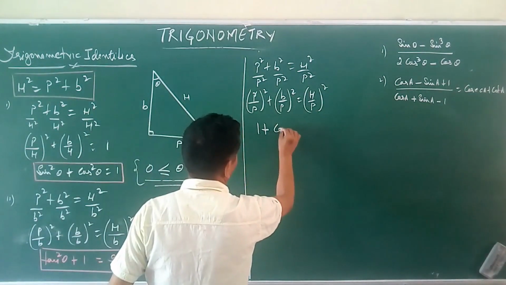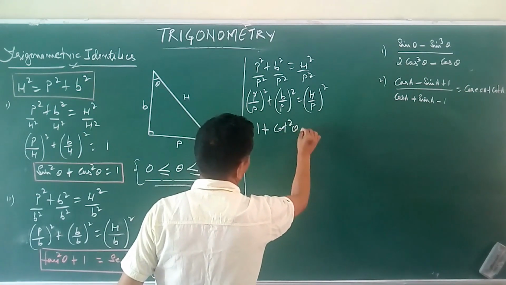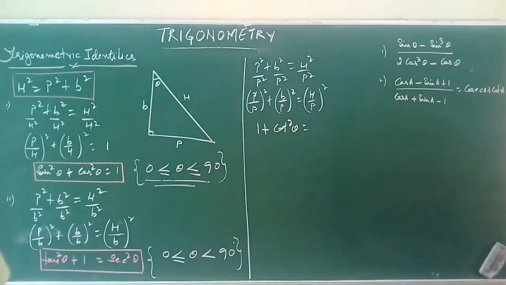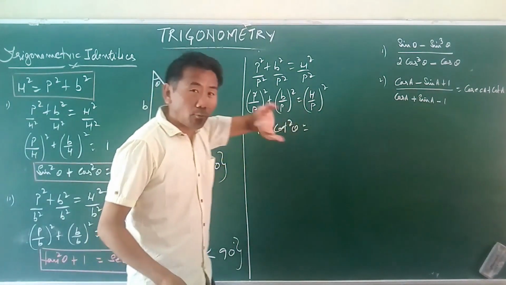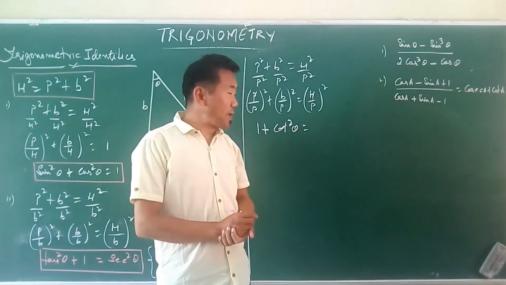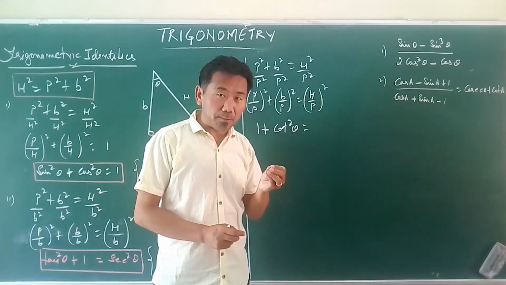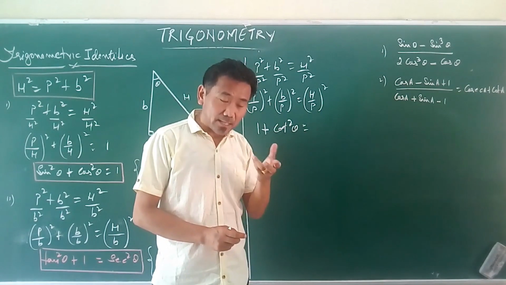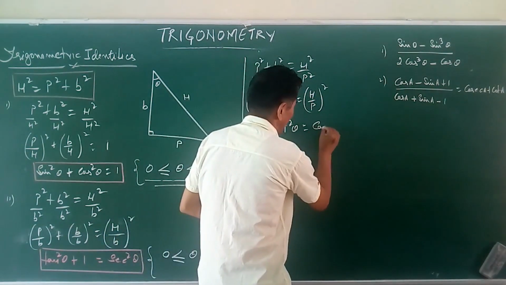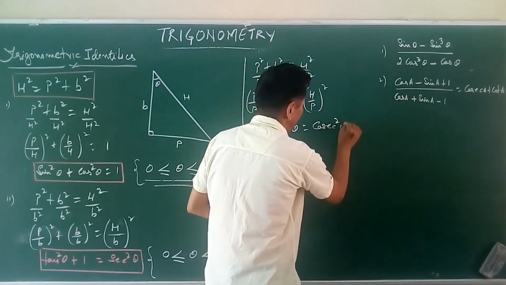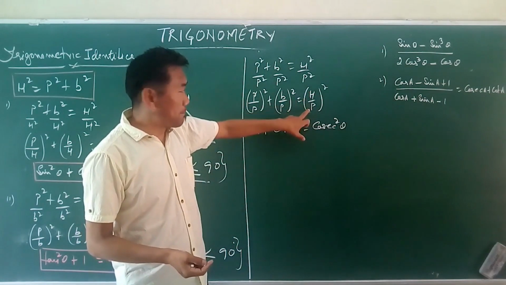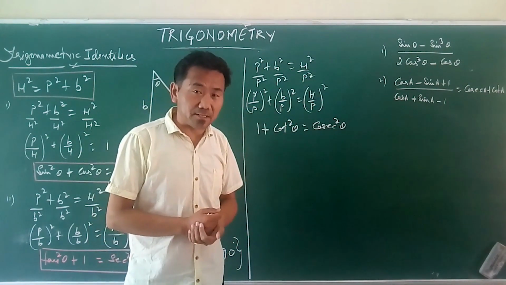So cot square of theta, which is equal to, and what is the inverse of h by p, and what is the relation of the ratio p by h? p by h gives sine. The inverse of sine is cosec, isn't it? So cosec square of theta. Is this clear?